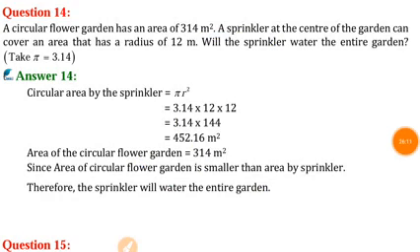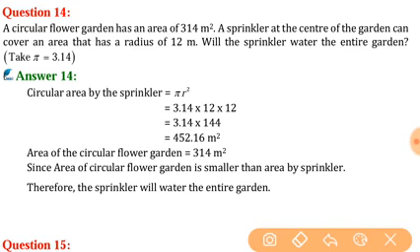So first we have to find the area covered by the sprinkler of radius 12 meter. So that is 3.14 into 12 into 12, that is 452.16 meter square. Then we compare this with the circular area of the flower garden, which is equal to 314 meter square.